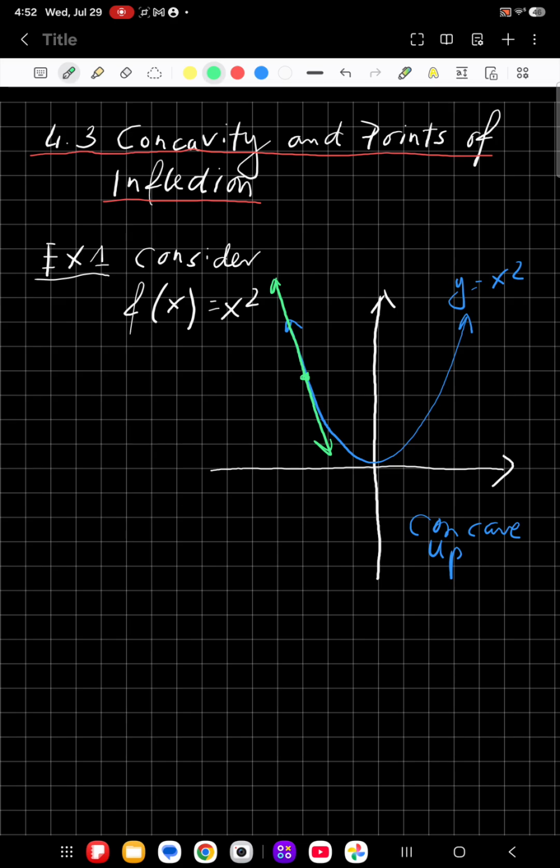Then we could move maybe here. The slope of that first tangent line could be maybe -4. Then the second line, m equals -1. So the slopes are increasing.